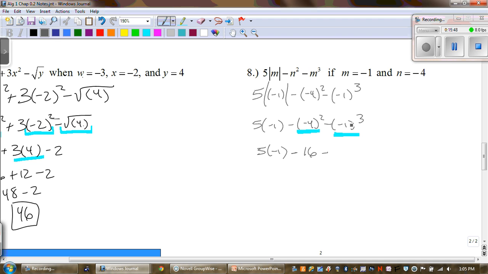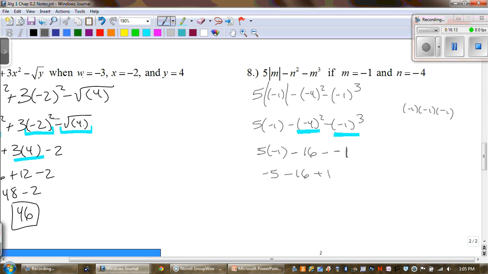And (-1) to the third, remember that's -1 times -1 times -1. So we have three negatives. It's going to be negative, and 1 times 1 times 1 is 1. Okay, let's start to clean this up. 5 times -1 gives us -5 minus 16, and in the back we've got a minus a negative, so we're actually adding 1.